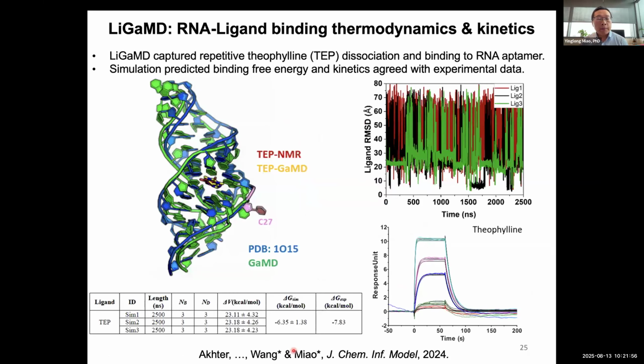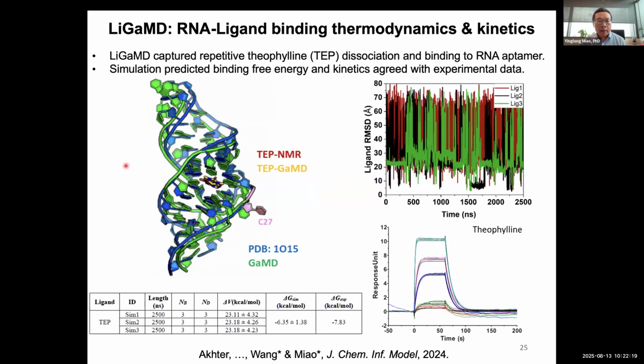Well, last but not least, we also apply ligand simulations to study the thermodynamics and the kinetics of ligand binding. We look at the binding of a small molecule, theophylline, to the aptamer. So in this NMR structure, the ligand binds at the target site, as shown here.